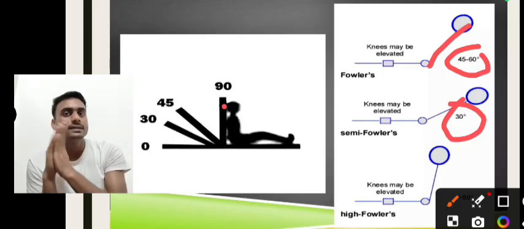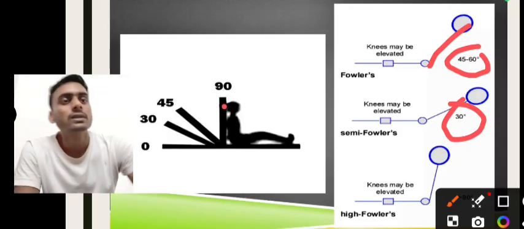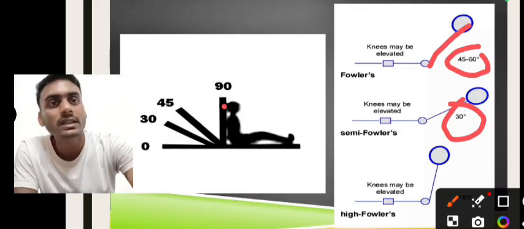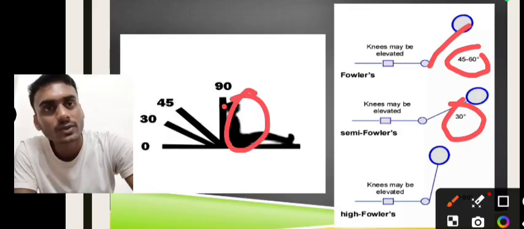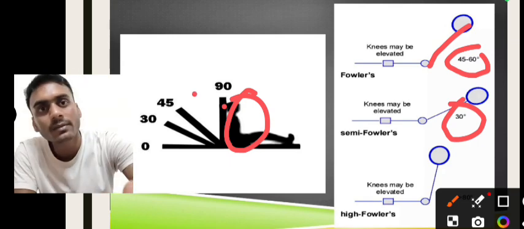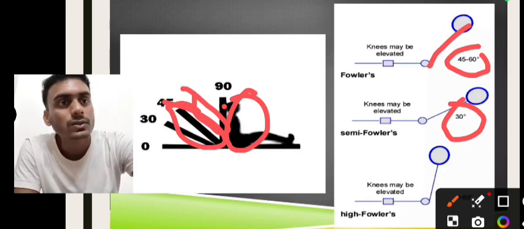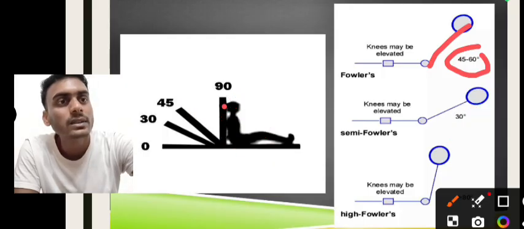If the angle is 90 degrees, you call it high Fowler position. I hope you easily understand this from the image. Okay, let's continue with the next part.